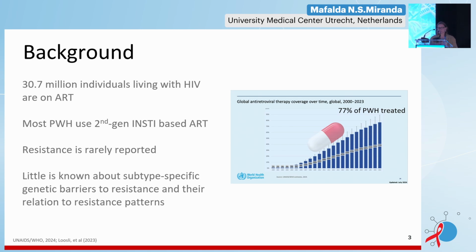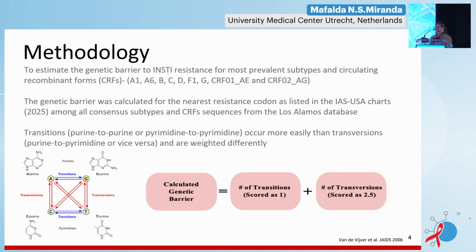And as presented before, resistance is rarely observed, and little is known about subtype-specific genetic barriers to resistance and their relation to resistance patterns. So that's why we came up with this idea to estimate the genetic barrier to INSTI resistance for the most prevalent subtypes and circulating recombinant forms listed there.